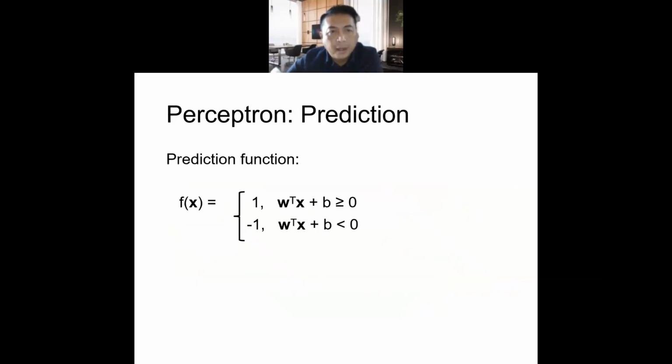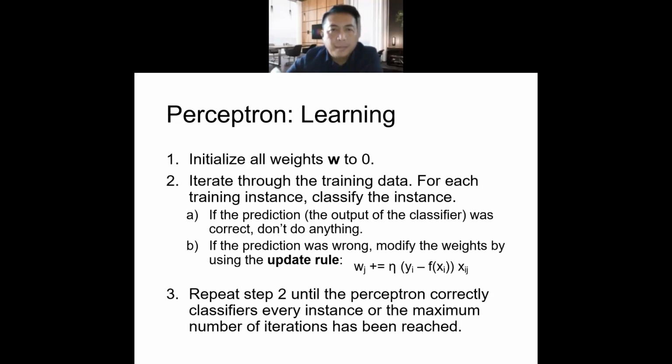In summary, we learned the prediction function for the perceptron, which consists of +1 and -1. During the learning process, they initialize the values to 0.